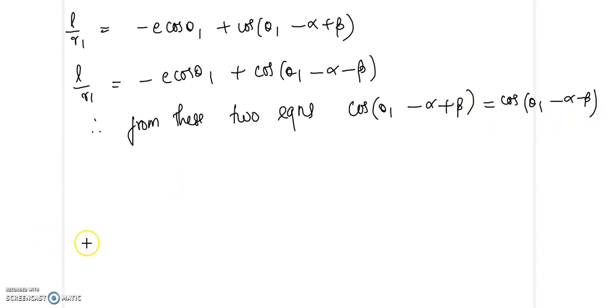And for this to be equal, that implies theta 1 minus alpha plus beta, so the angles must be equal.